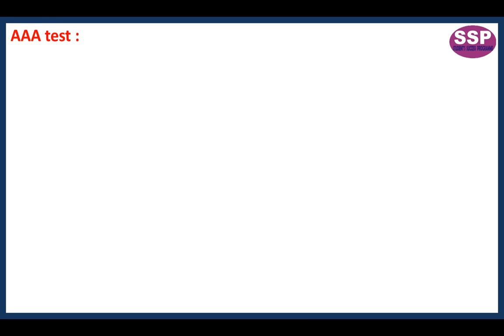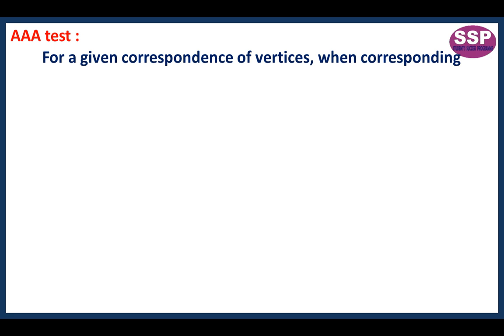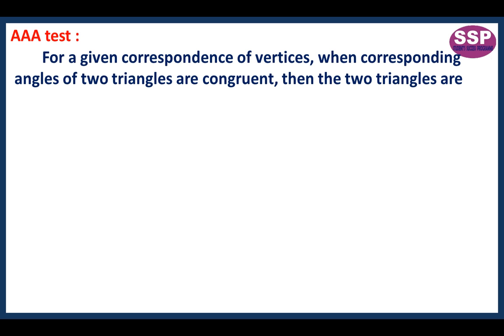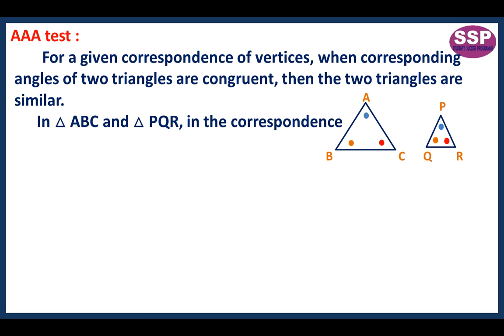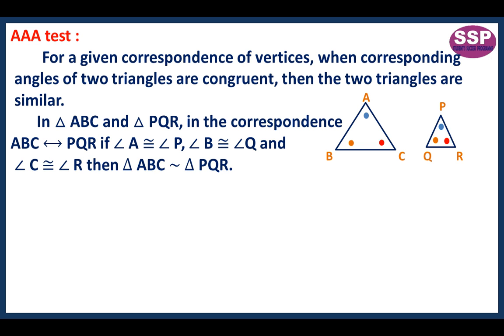First one, AAA test. That means angle test. For a given correspondence of vertices, when corresponding angles of two triangles are congruent, then the two triangles are similar. For example, in triangle ABC and triangle PQR, in correspondence ABC to PQR, if angle A is congruent to angle P, angle B congruent to angle Q, and angle C congruent to angle R, then triangle ABC is similar to triangle PQR.